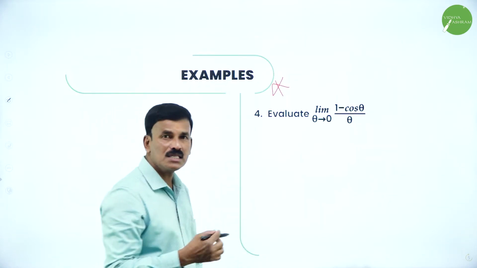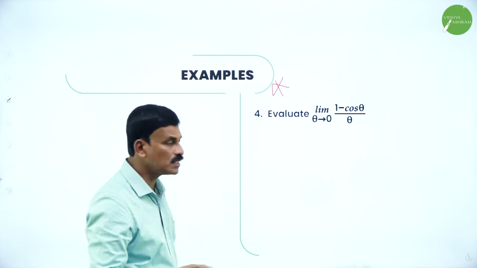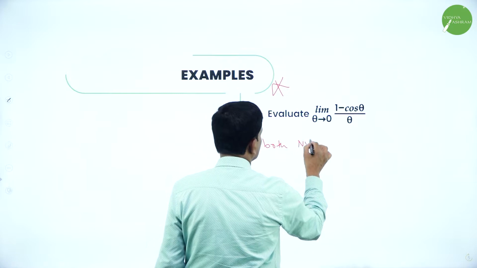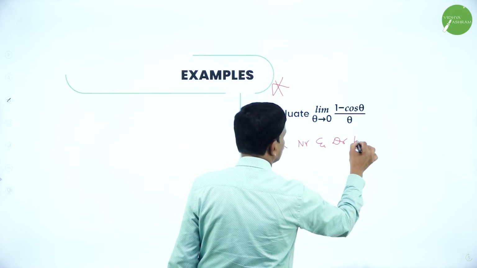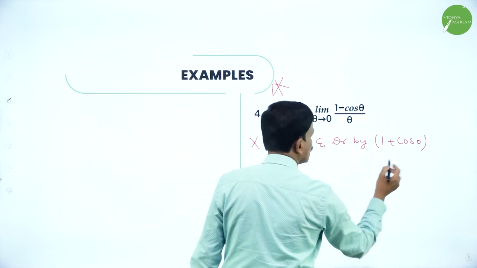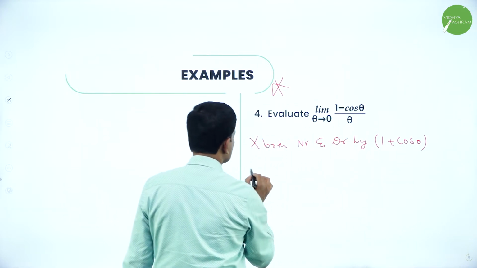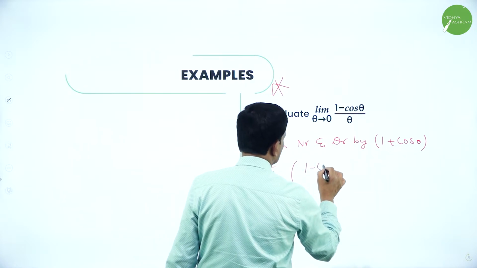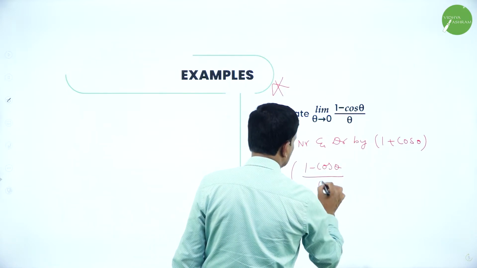Now just rationalize the numerator and simplify, you will get the answer. Just multiply both numerator and denominator by 1 plus cos theta. So this can be written as limit theta tends to 0 of 1 minus cos theta divided by theta.